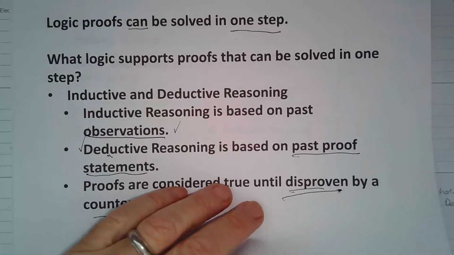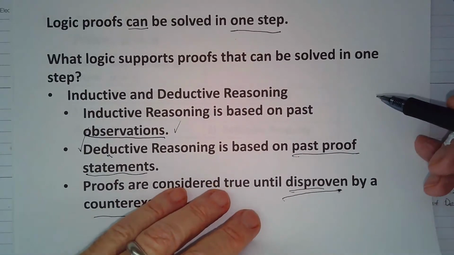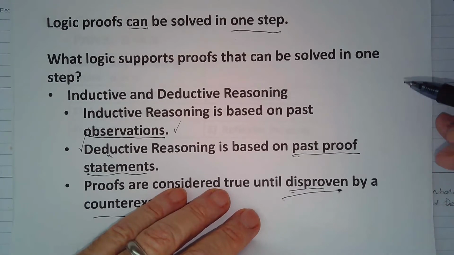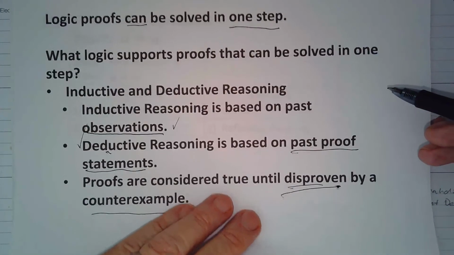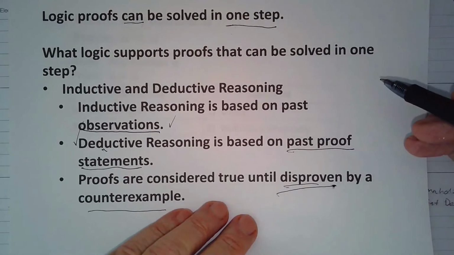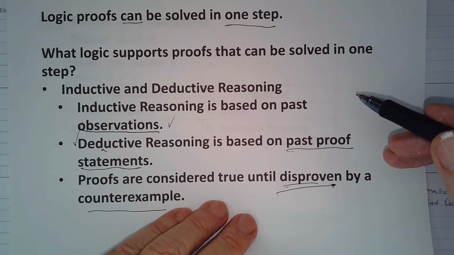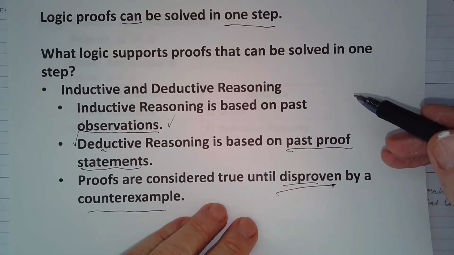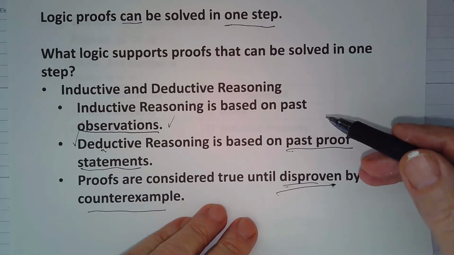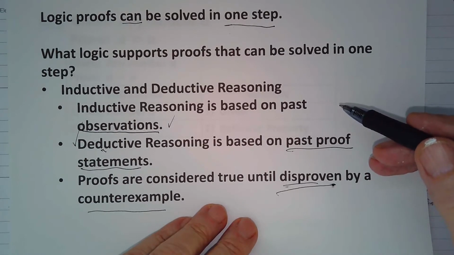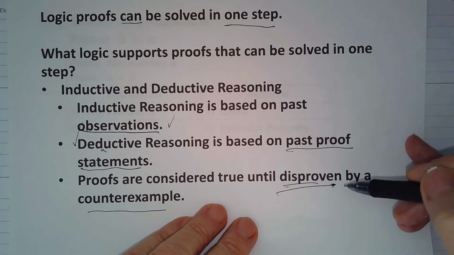When I started this unit on logical statements, we started by talking about what logical statements were: if-then statements, hypotheses and conclusions, the fact that you've really been using them in different classes for a long time. Then yesterday I introduced you to algebraic proofs using two-column proofs, which we will be using today.